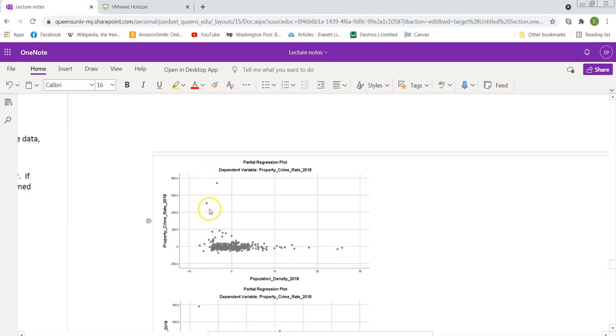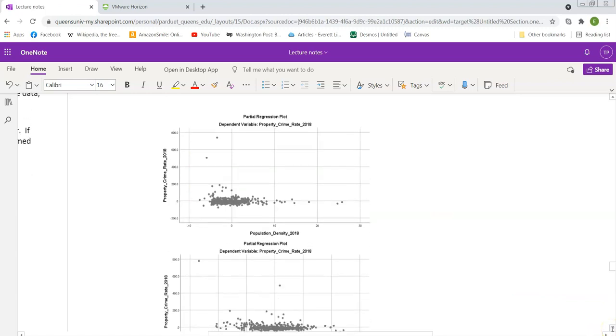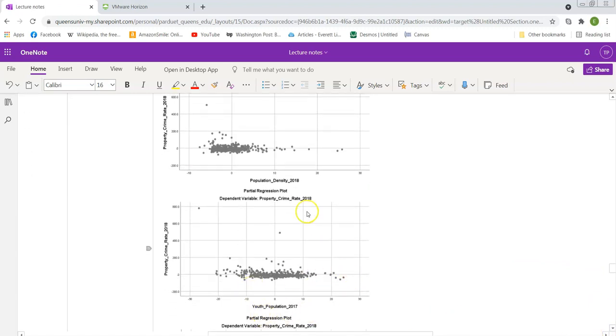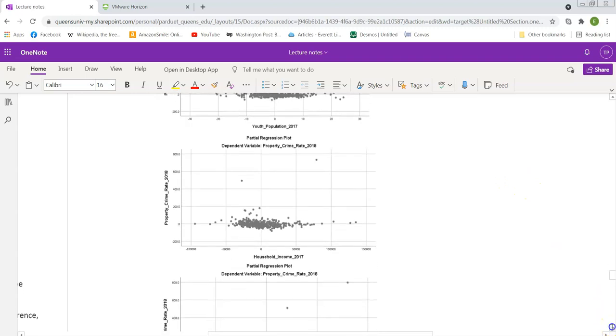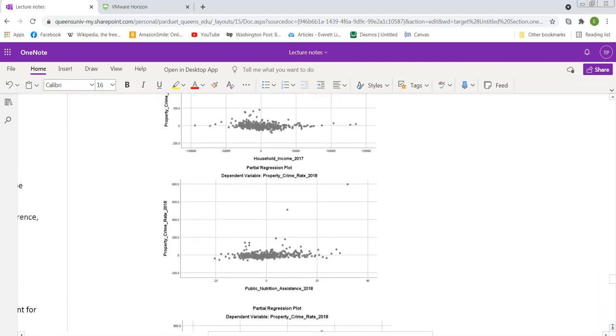We do have a couple of outliers up there. We've talked about that before. One of these is uptown. I'm not sure what the other one is. But there's nothing here that looks nonlinear. What we would be looking for is something that looks like it might be a parabola or a square root or something like that. Nothing is jumping out at me as being nonlinear.